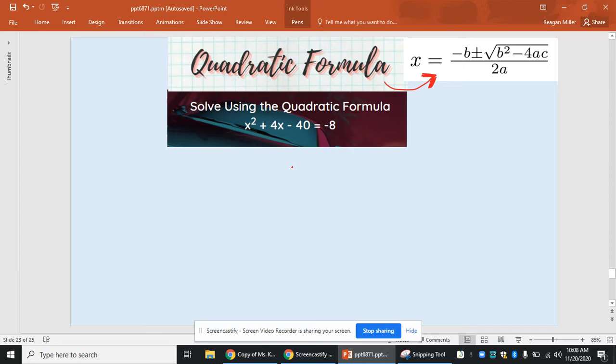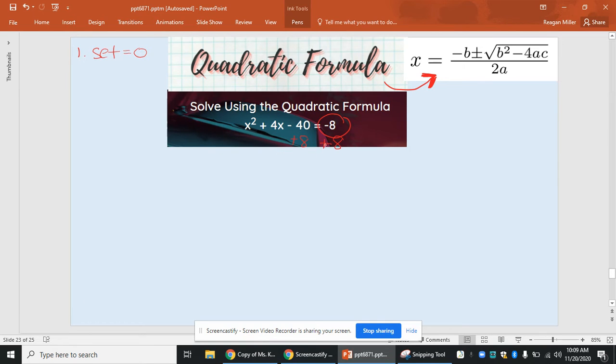So if we're using the quadratic formula, the very first thing that we need to do is make sure that our equation is set equal to 0. So you'll notice here that it's not set equal to 0. We have a -8 on the right side. So I need to add 8 to both sides of this equation before I can start doing anything.